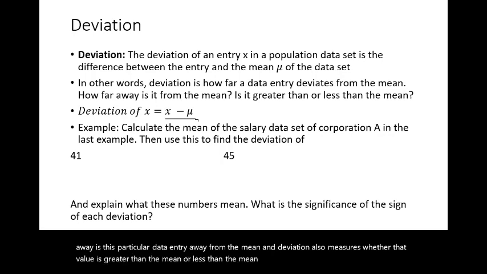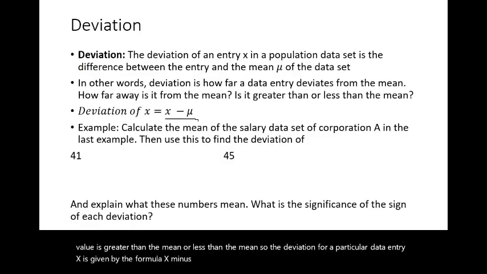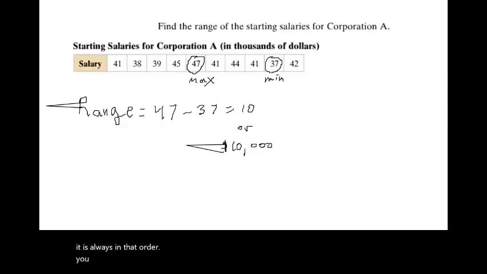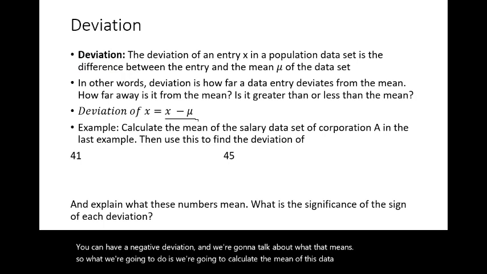We're going to calculate the mean of this data set for corporation A, and then use it to find the deviation for the data entry 41 and the deviation for the data entry 45. If you add all of these together and divide by how many there are, you get a population mean of 41.5.